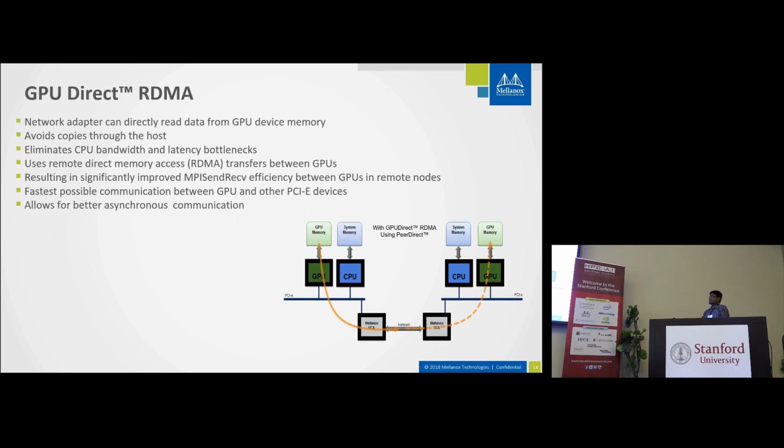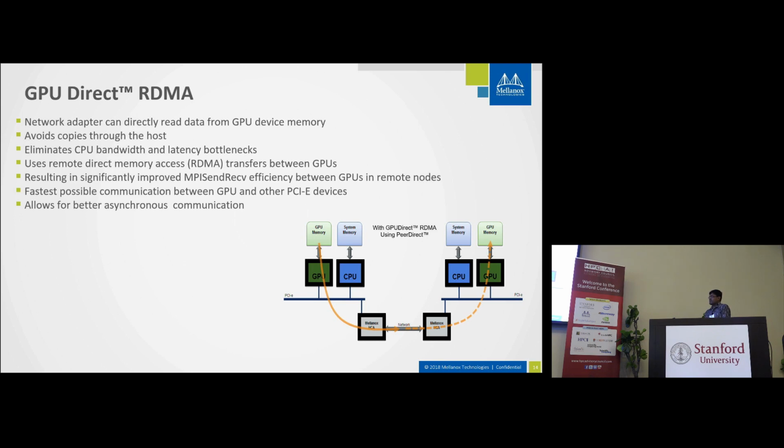Another key technology is GPU Direct RDMA to accelerate HPC as well as deep learning frameworks. With this GPU Direct RDMA technology, the Mellanox network adapter can directly read data from the GPU memory.